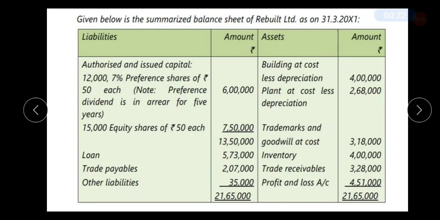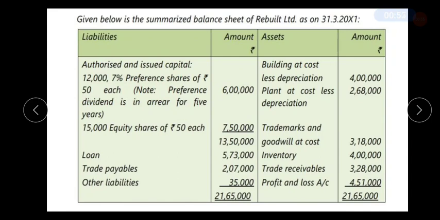Well, read the problem carefully. Given below is the summarized balance sheet of Rebuilt Limited as on 31st March 2011. Here you are given a horizontal balance sheet, with liabilities on the left side and asset items on the right side. In the equity part, we first begin with authorized and issued capital: 12,000 7% preference shares of rupees 50 each.